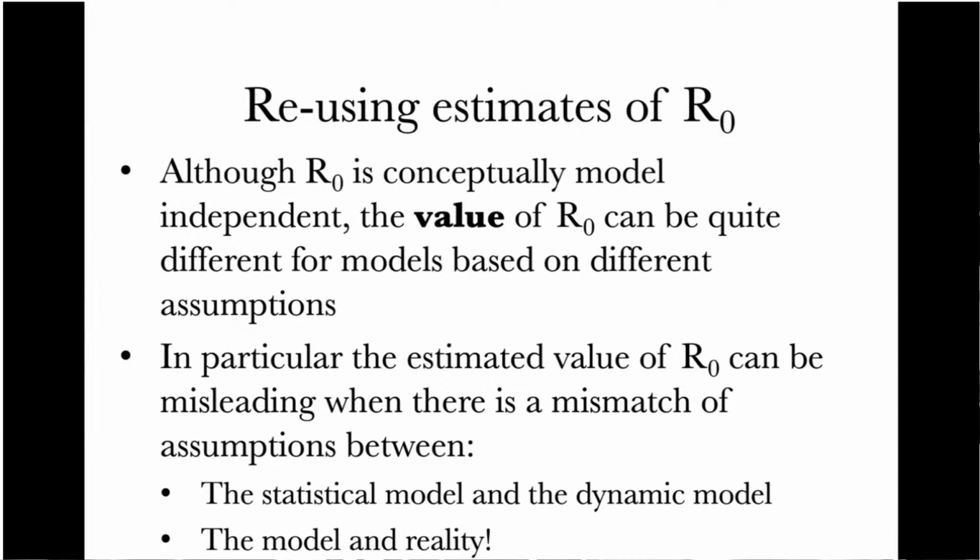And this can be affected by whatever model we choose and how well it matches reality, or how far the statistical model we use to estimate R naught is from the dynamic model that's actually underlying the cases or the data that we are observing.